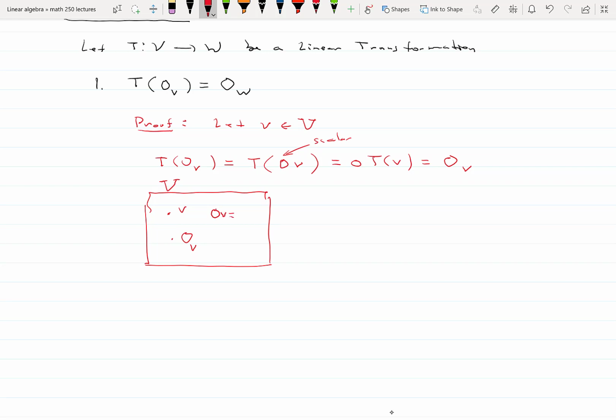In fact, we showed that 0 times v equals the zero vector in V. So T of the zero vector in V equals T of 0 times v. But we know that by the second property, property number 2. Oops, I caught a mistake.